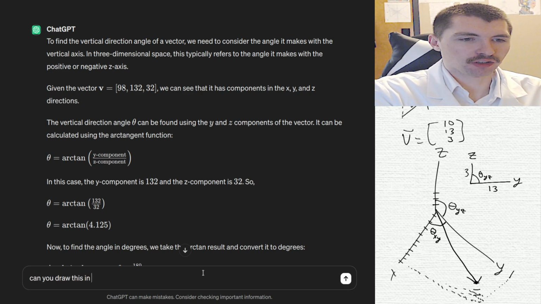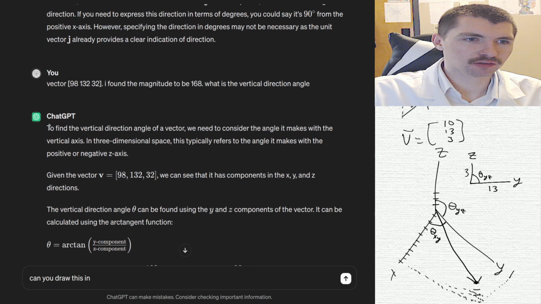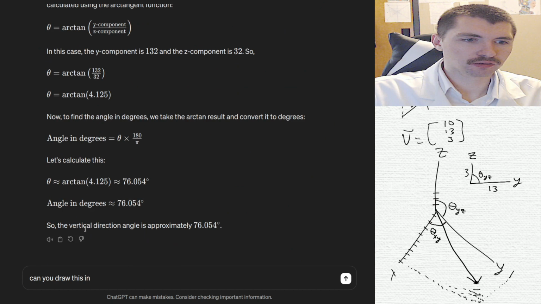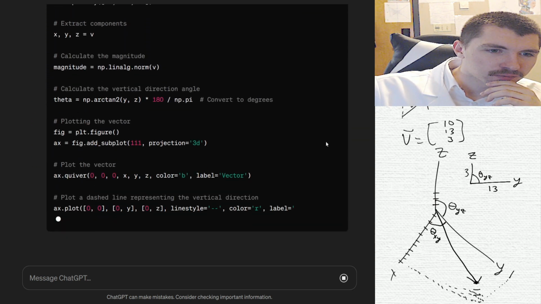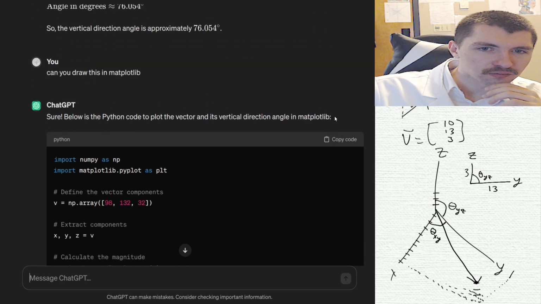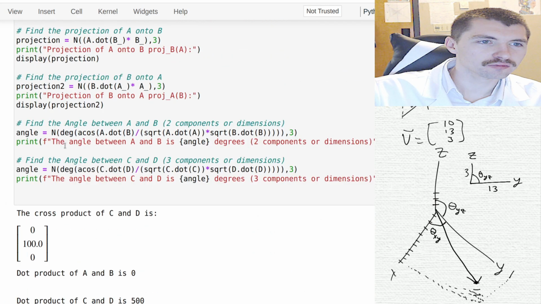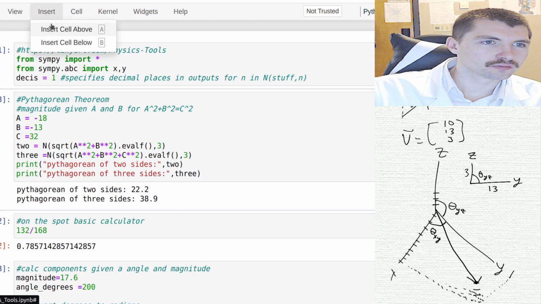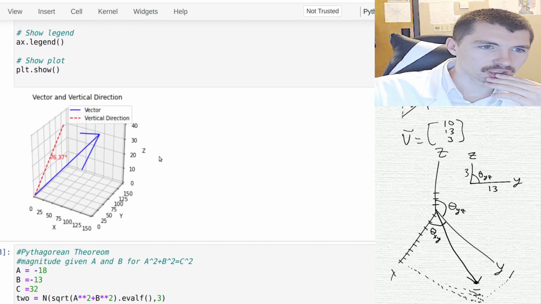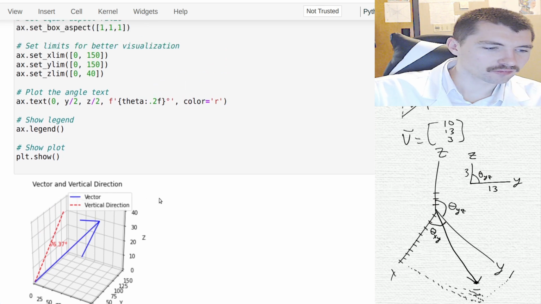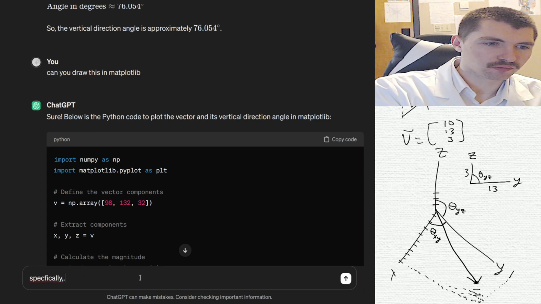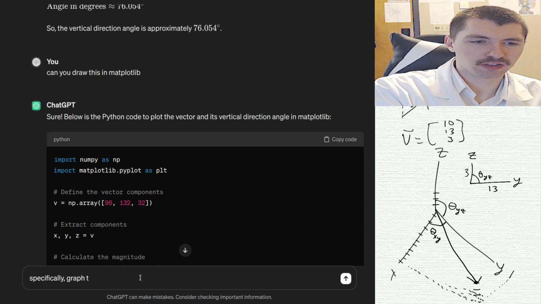And you draw this in, graph it in a way that makes the TOA work.